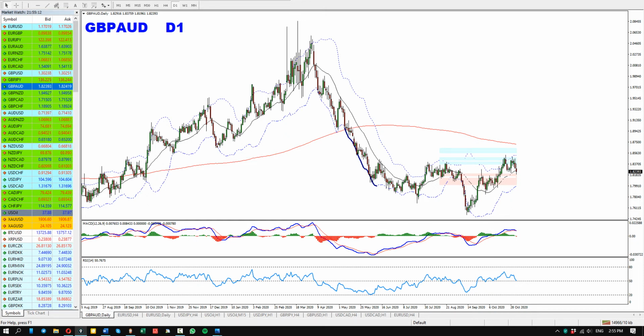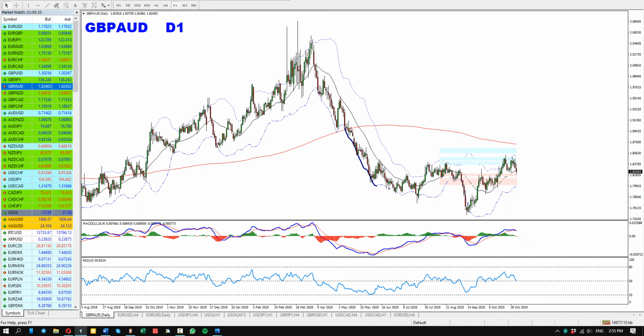So what do we have on the Pound Aussie? Again, let's take it easy, step by step, without overcomplicating anything. It was going up, and since then it's going down. I don't need to tell you that. Your eyes catch that. That's the very first thing we see with our eyes.